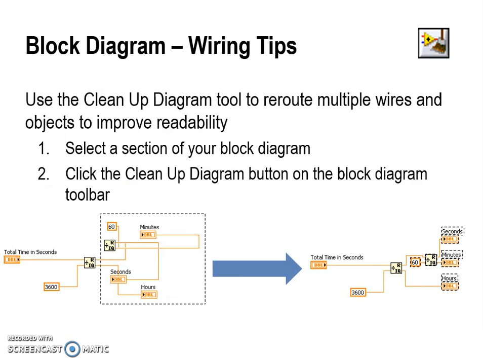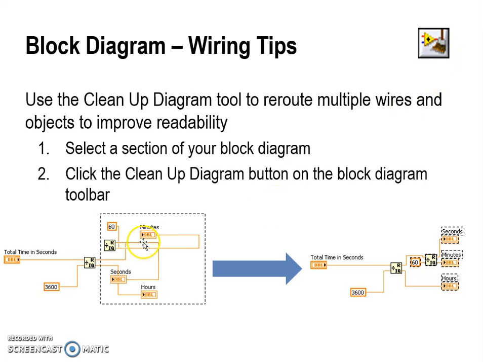This may be a really great feature for you if it is very difficult to understand the data flow. We have wires running over wires that are not connected. It's just difficult to determine what the program is doing. If I have some code that looks like this and I want to clean it up, I can mouse click over it, and then at the top of the toolbar menu I'll have an icon that looks like this, and that is my clean up diagram button.